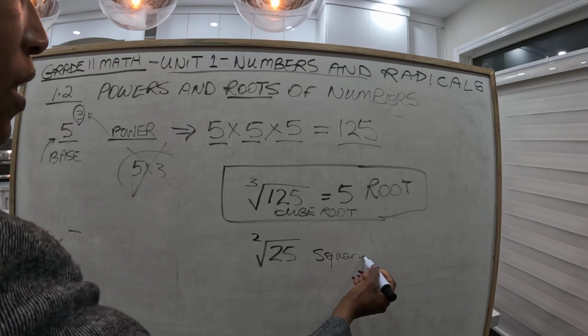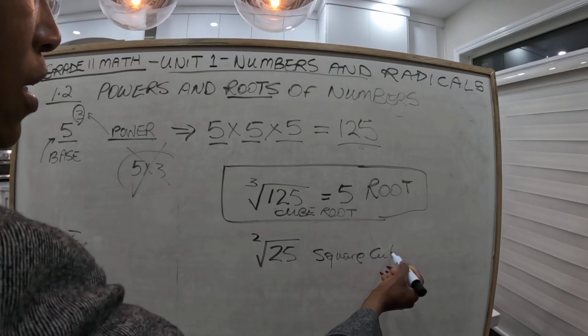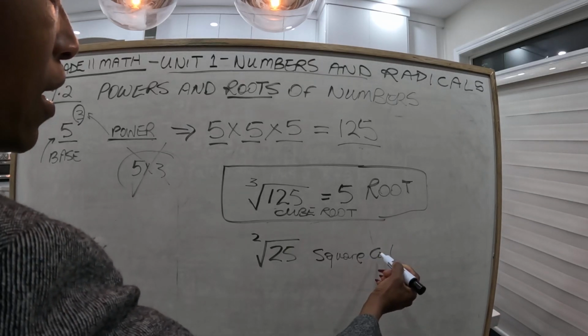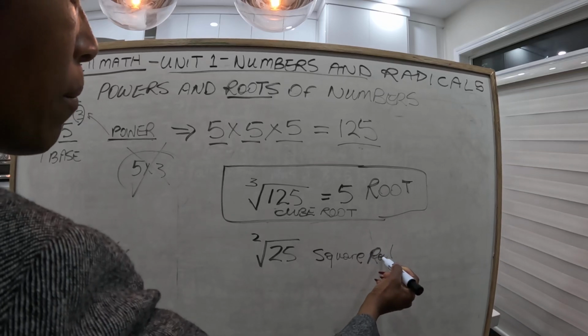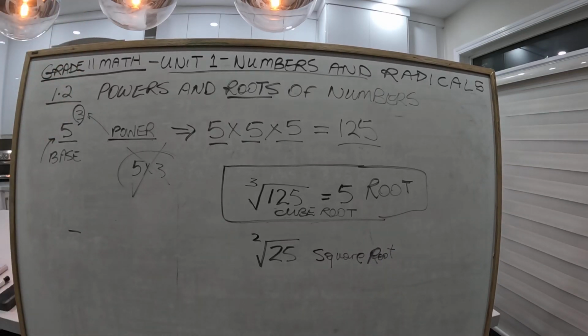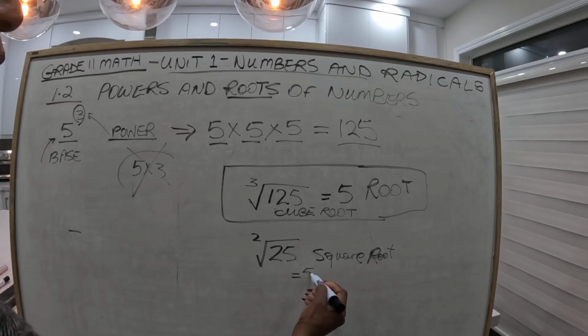And we know that that would mean we're declining the number twice. It's a number that was multiplied by itself that gave you the 25. So you're finding the base number that would be multiplied by itself to get that number inside. So now we know the answer is 5.